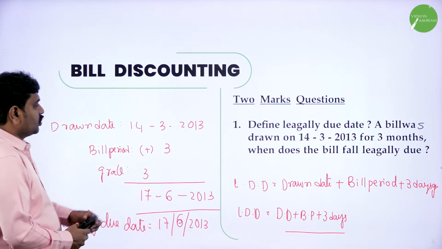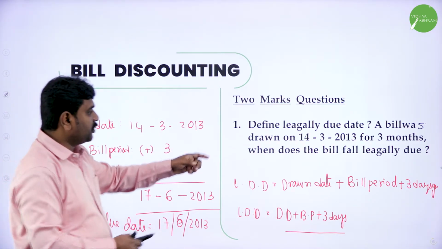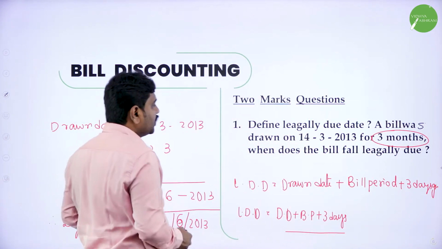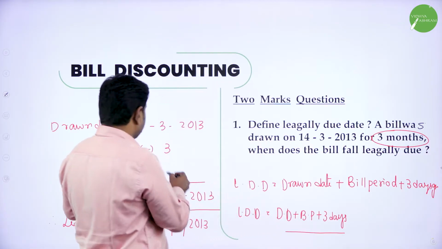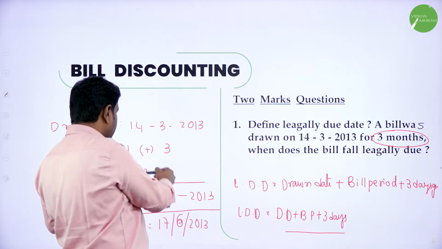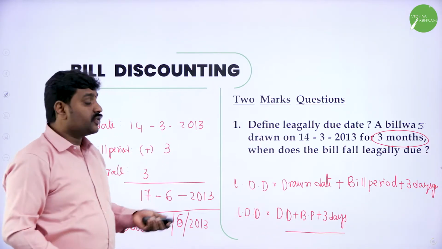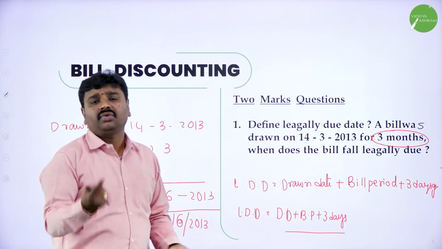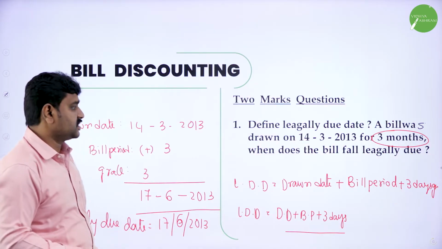You understood? We added 3 months because the bill period is 3 months, and we added 3 grace days. For days, 14 plus 3 is 17. When you add, if it crosses 12 months, then you should go to the next year. For 1 year we have 12 months.